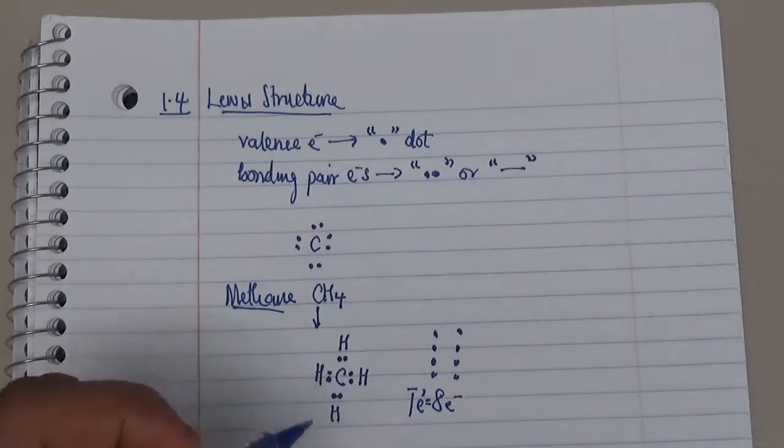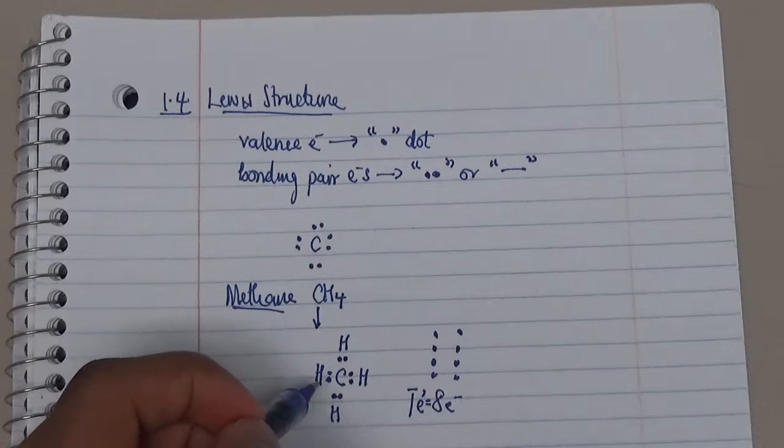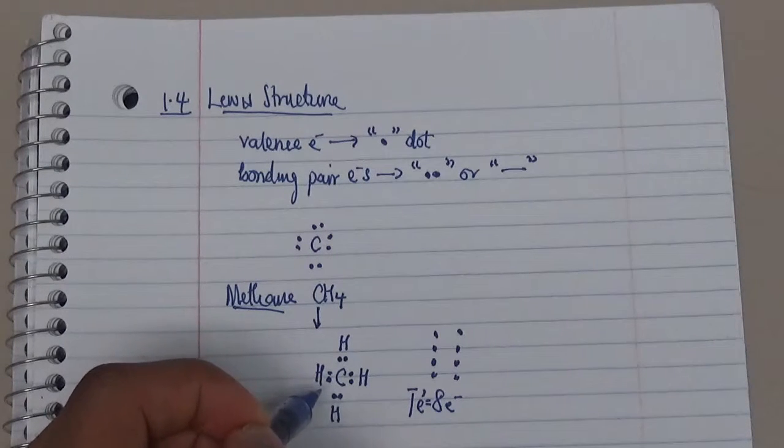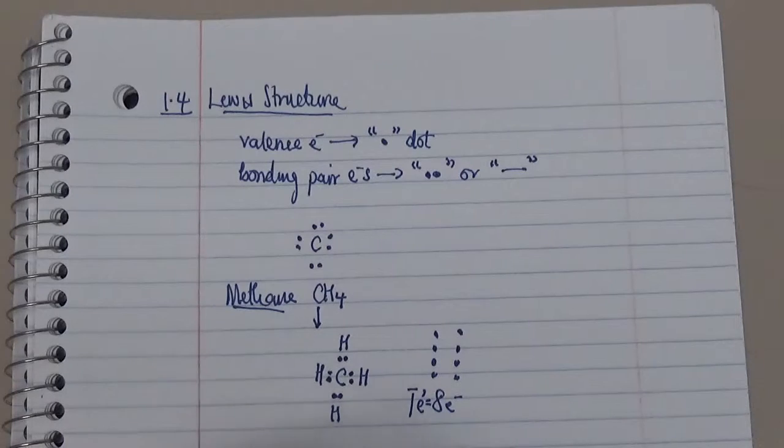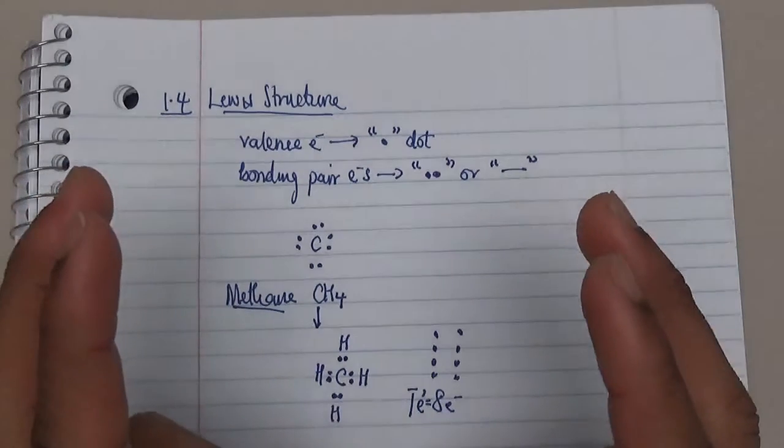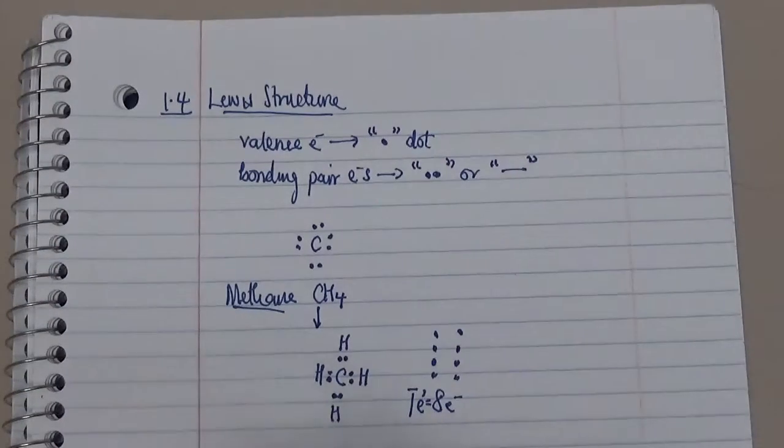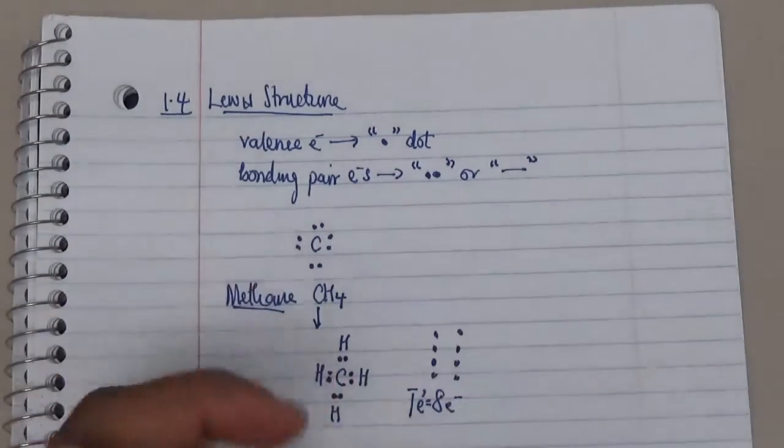And hydrogen will have 2 electrons by sharing with carbon, a configuration similar to its closest noble gas, helium.